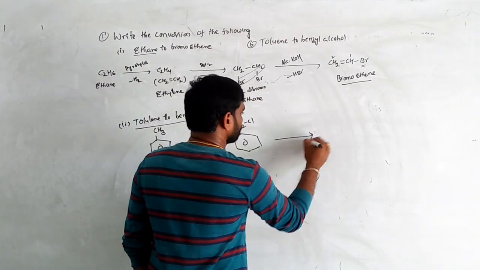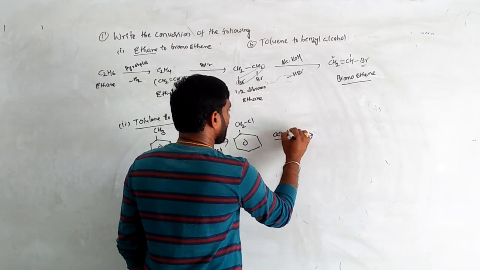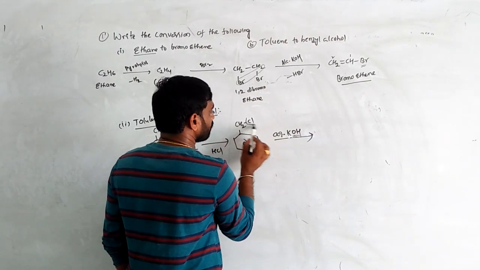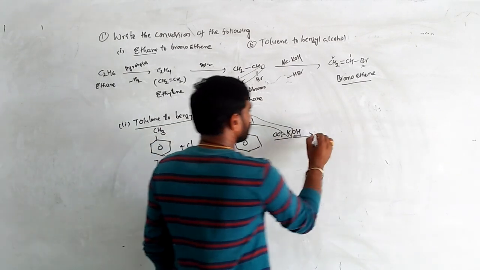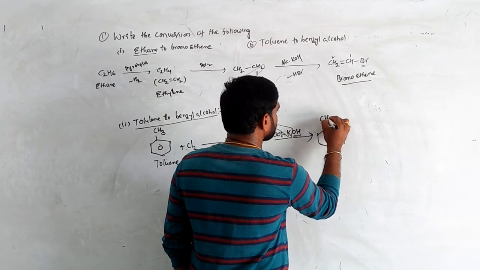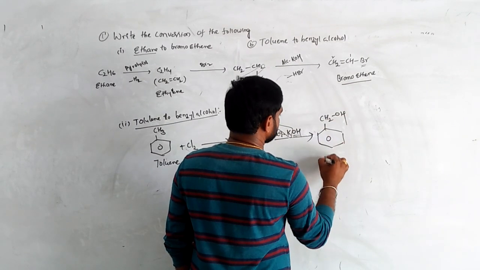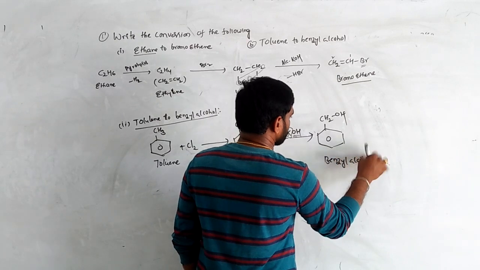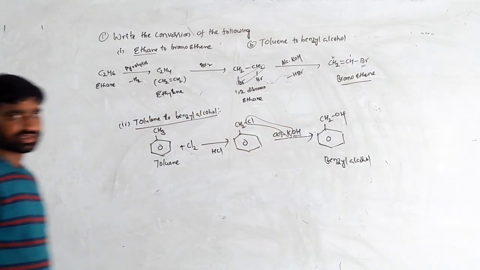It is treated with aqueous KOH. Aqueous KOH means addition of OH and removal of KCl to form benzyl alcohol. Benzene attached to CH2OH, this is benzyl alcohol. Okay, students, so these are the conversions.